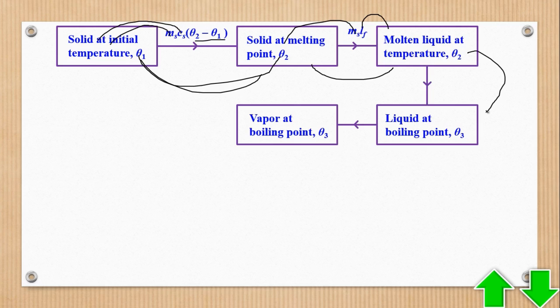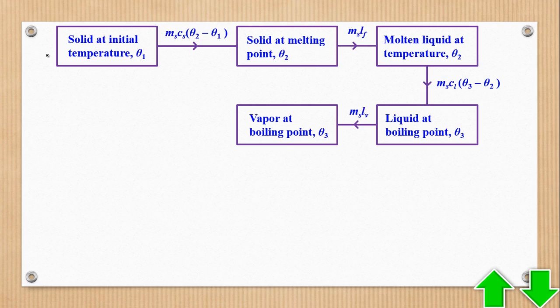Then from here to here, there is a change in temperature, so it will be mc change in temperature, which is m_s, mass of solid, c_l, the specific heat capacity of the liquid, and change in temperature. Then from here to here, temperature is the same, meaning there is mL: mass of the solid and specific latent heat of vaporization. Such diagrams can help you to easily answer the calculation parts involving specific latent heat, and we shall be using them more frequently.